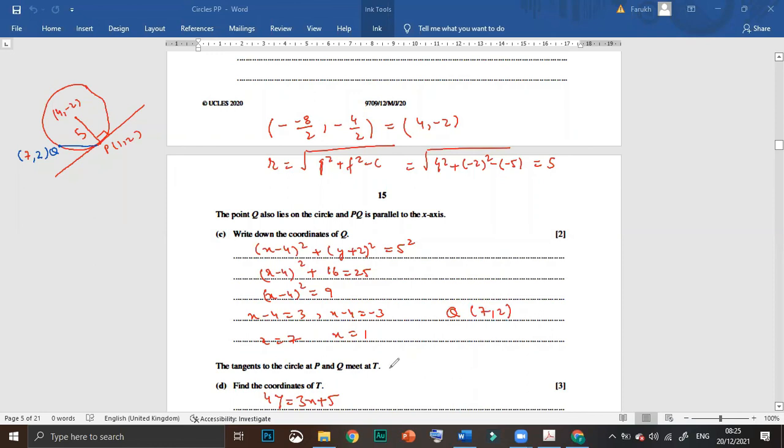Now the next part. The coordinates of Q are given. The tangent to the circle at P has the equation 4y is equal to 3x plus 5.